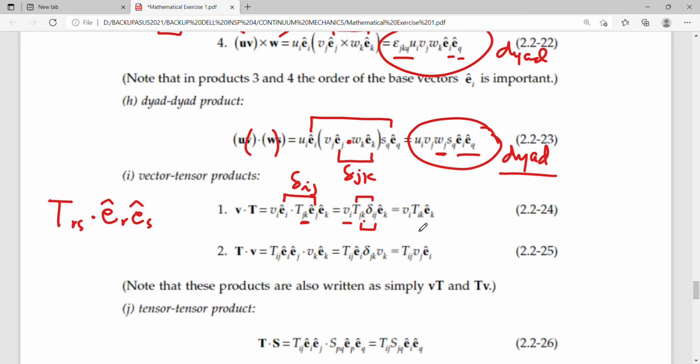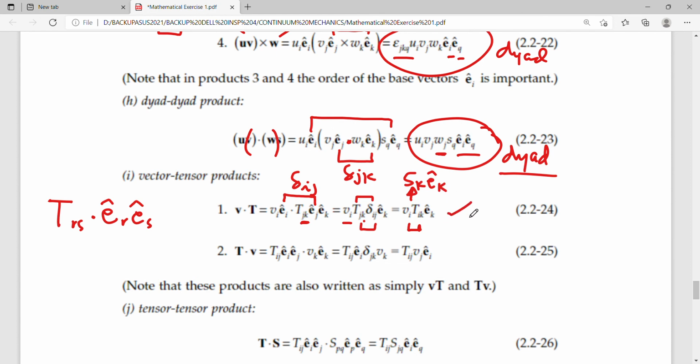So this is now a v_i t_ik, and take note that you have only one direction here, which is e_k. Therefore, as you can see, v_i and t_ik can now contract, and you can form a more specific quantity. Let's say v t is equivalent to s. So this is s_k e_k.